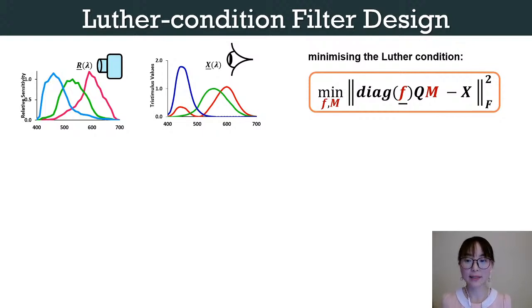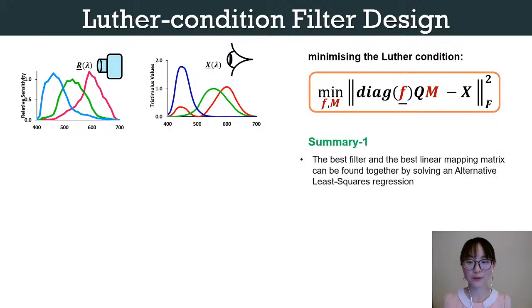And it gives us this simple formulation for the optimization. The objective function that we're minimizing is the squared error between the sensitivities of two sensor sets, the camera after filtering and the human visual system. This is a very simple but beautiful formula, as well as powerful.